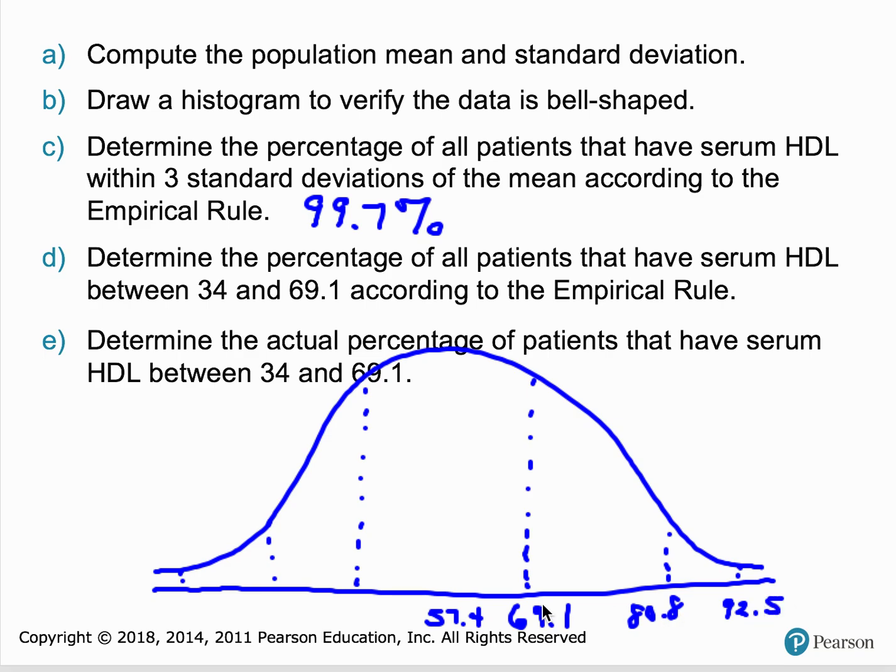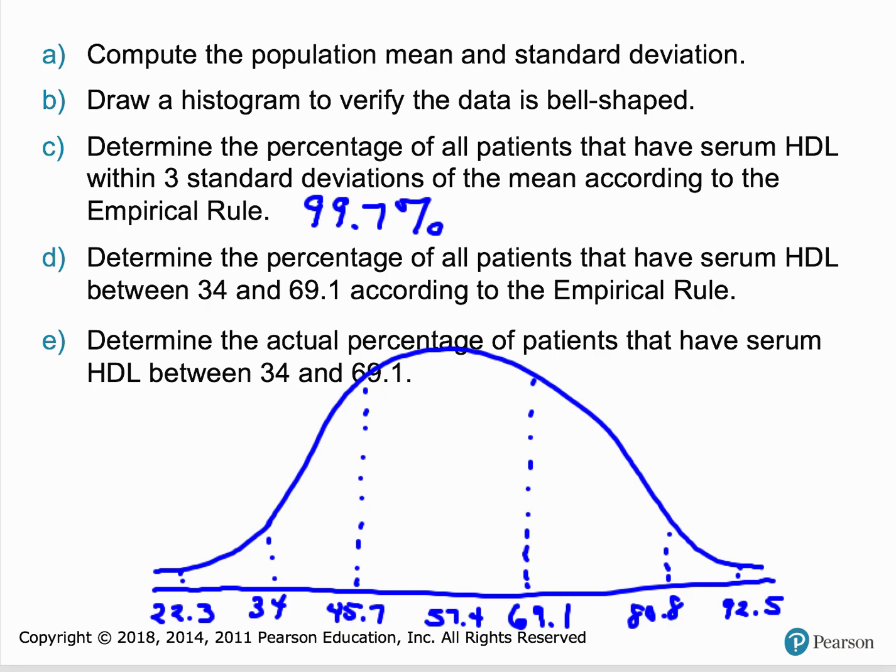And then you subtract it 3 times on the other side. So I'm going to go back to 57.4 and subtract the 11.7 to get 45.7. And subtract it again to get 34. And subtract it again, 11.7, to get 22.3.